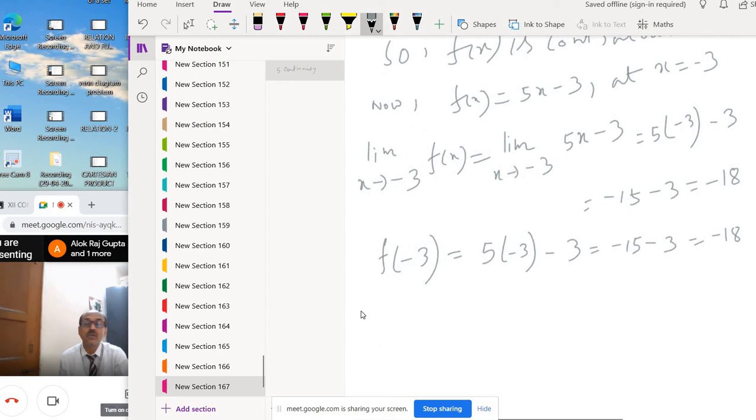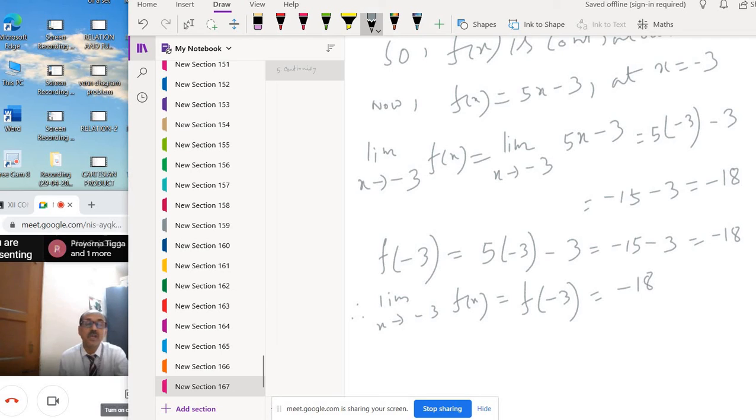Now, therefore, limit x tends to minus 3 of f(x) is equal to f of minus 3, and the value is minus 18.